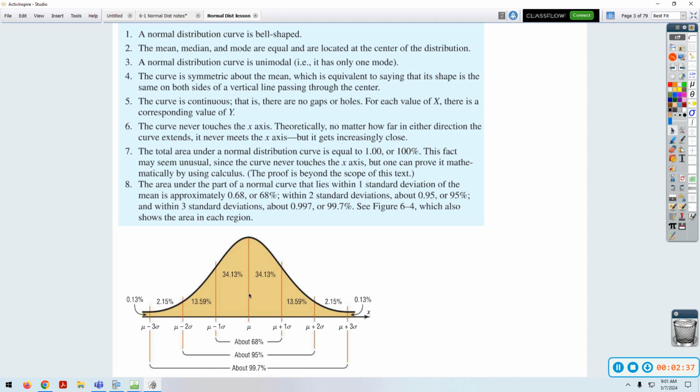From there, we learned that standard deviation breaks it into positions. So 1 standard deviation to the right, 2 standard deviations to the right, 3 standard deviations to the right, and likewise to the left, which would be -1 standard deviation, -2 standard deviations, and so on.